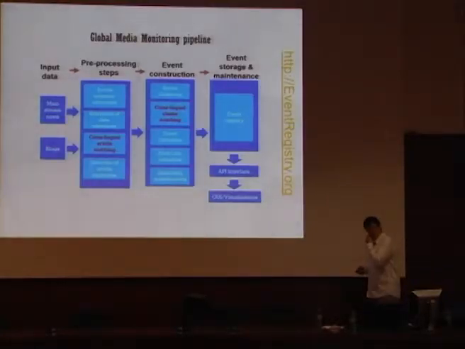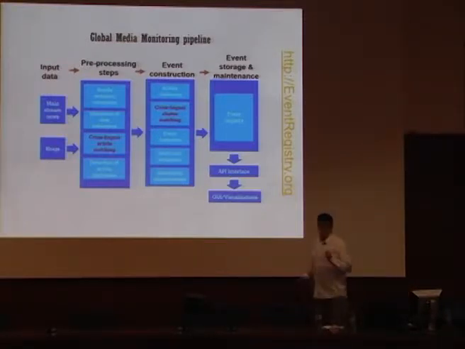So this is the example. How can this be used in some, at the end, really big pipeline? So we have a stream of news, this is newsfeed and blogs. We do this cross-lingual article matching. What does this mean?